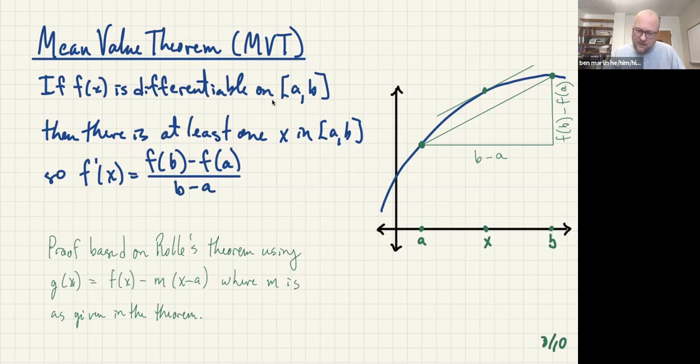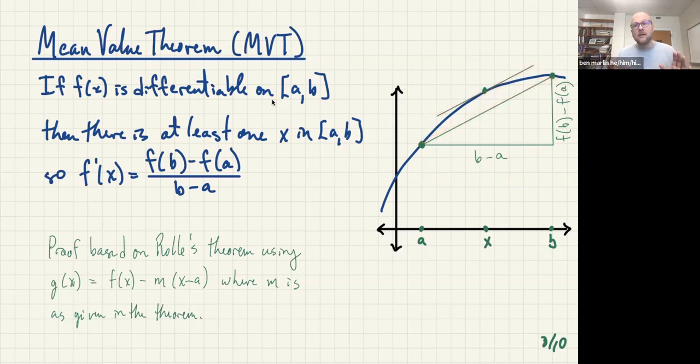But what it says for you is that if you have 2 points on a graph and you draw the line connecting them, then somewhere between those 2 x values, you're going to have a tangent line that's parallel to that. I guess you'd call this a secant line, and this is a tangent line.